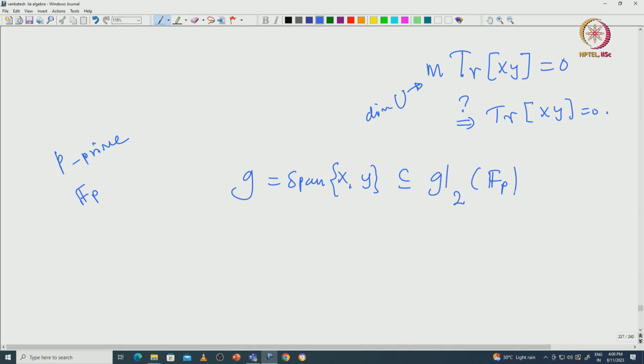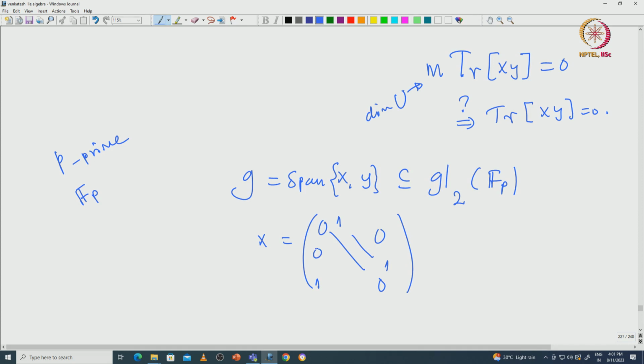So, I will tell you explicitly what x and y are. You take x to be this particular matrix where diagonal entries are 0, the southeast corner is 1, the first off diagonal entries are 1 and all other entries are 0.